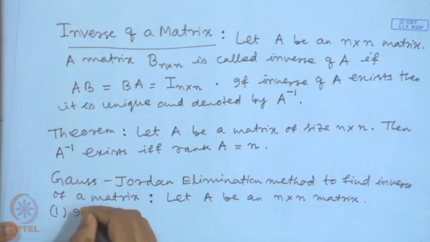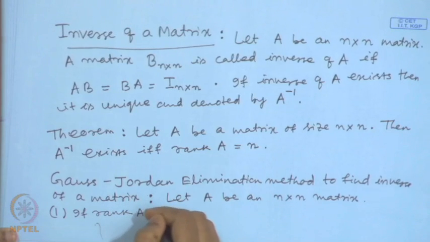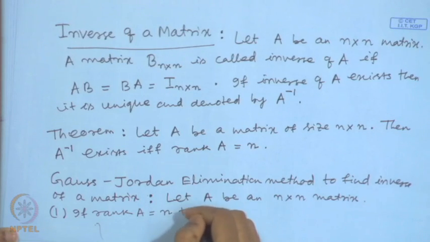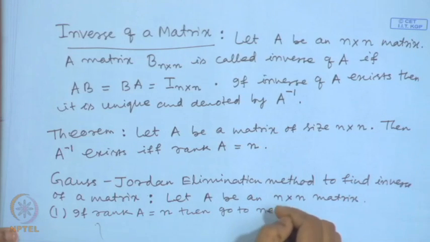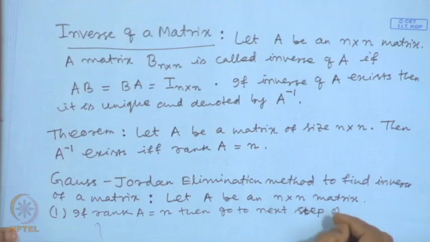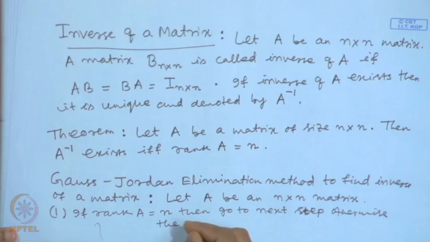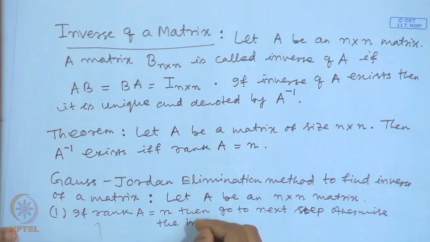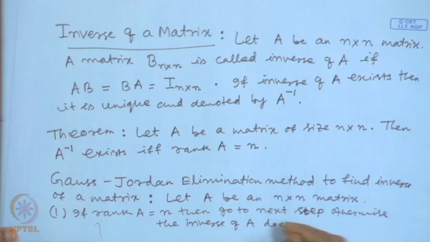If the rank of A is equal to n, then go to the next step, otherwise the inverse of A does not exist.